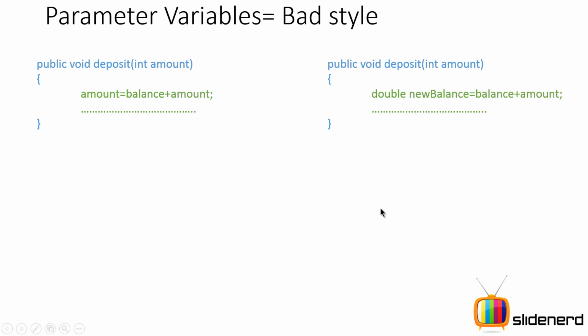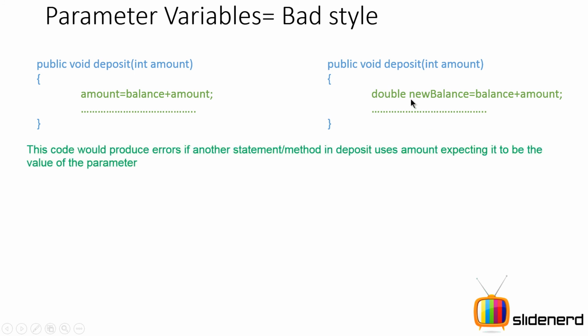So the first question to you: should you use the approach on the left or the one on the right? Well, the recommended approach is the one on the right, because you are not supposed to modify this int amount. On the left side, when you add balance plus amount and store the result inside amount, you're modifying the value of the original amount which was passed inside the method.